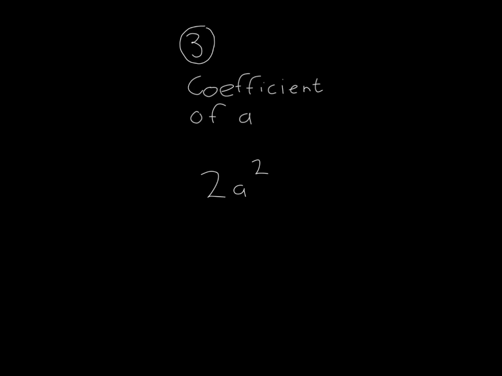And remember, I told you that the coefficient is the constant or the number that is being multiplied by our variable. And over here we can see that the number 2 is being multiplied by our variable. Therefore, our coefficient is 2.